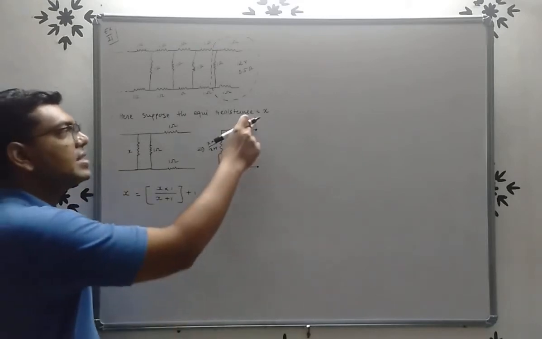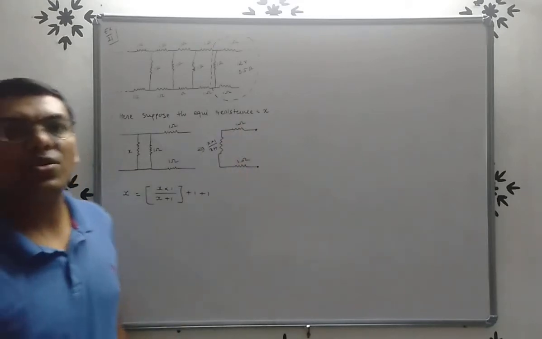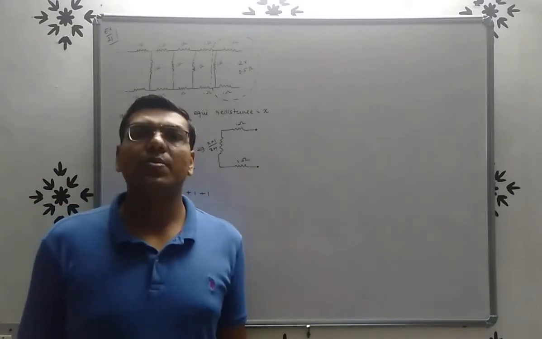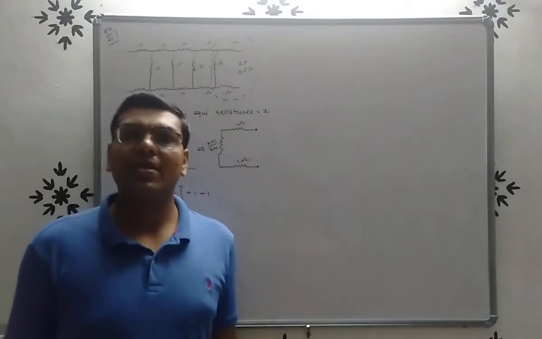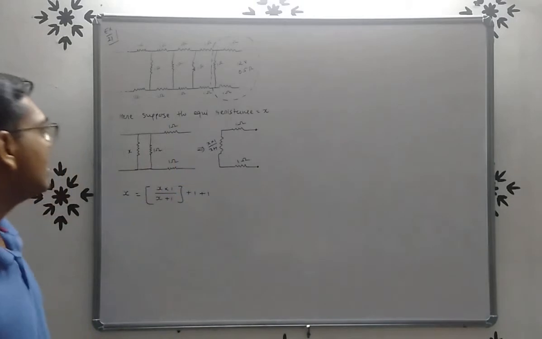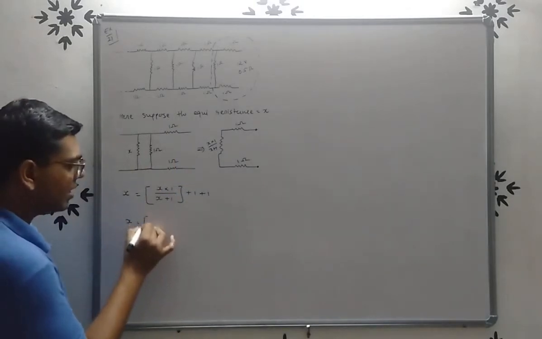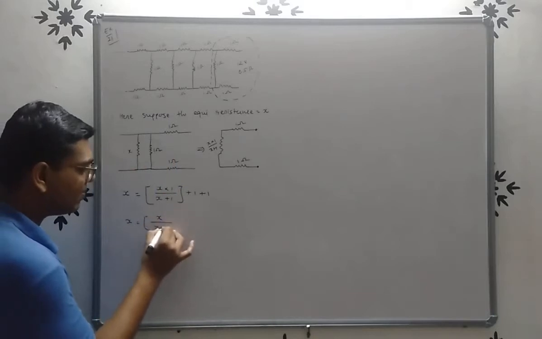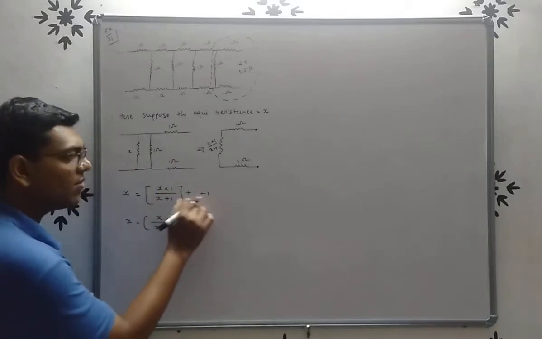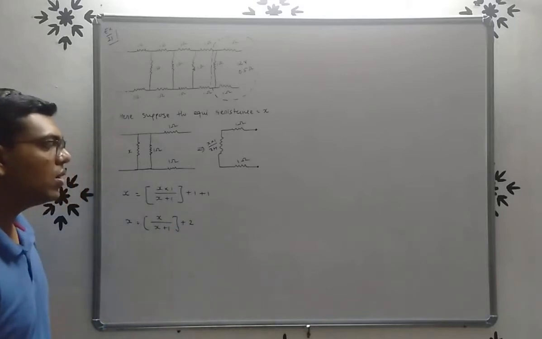Because these three resistors are in series. So we know that for series combination R equivalent is equals to R1 plus R2 plus R3, right? So X is equals to, here X upon X plus 1 plus 1 plus 1, that is 2, right?